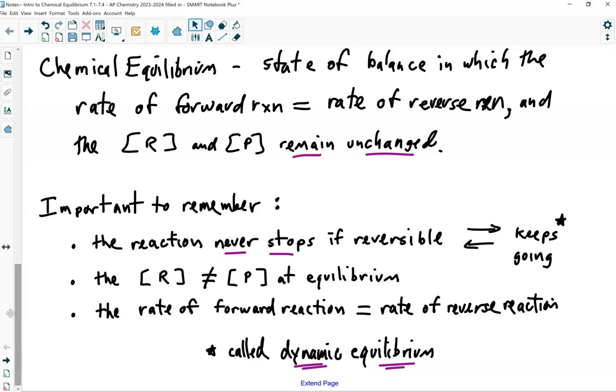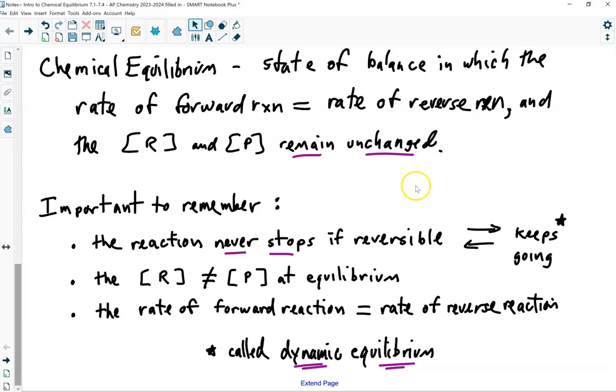What's equal are the reaction rates, forward and back. And that's the third important point. It's also because the concentrations remain the same. If you're just looking at the amount of product, like in the bucket of water, the product side of the bucket, the height of the water stayed the same over time.